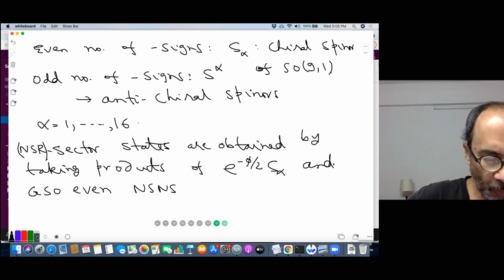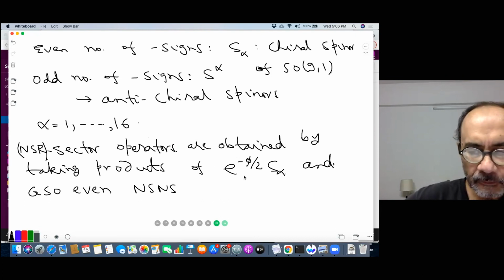Maybe I should say operators here. Let's do everything in terms of operators. By the state operator correspondence, of course, there is a one-to-one correspondence. So you have already introduced GSO even NSNS operators.